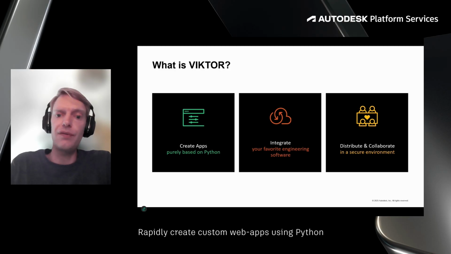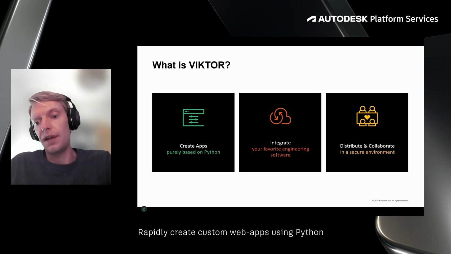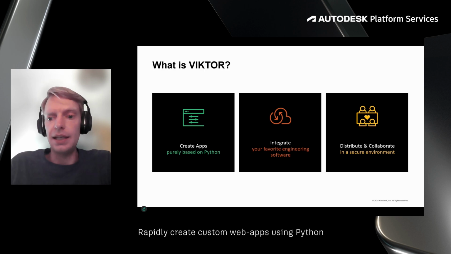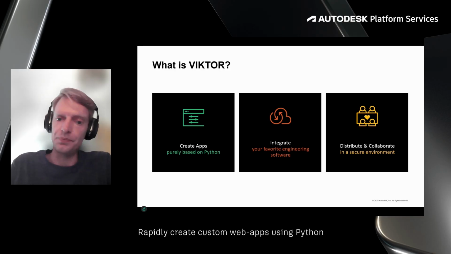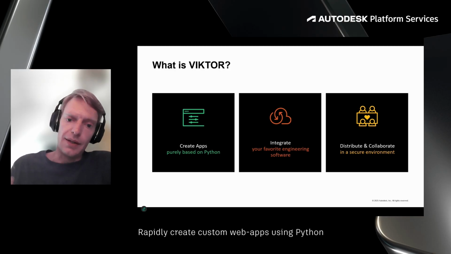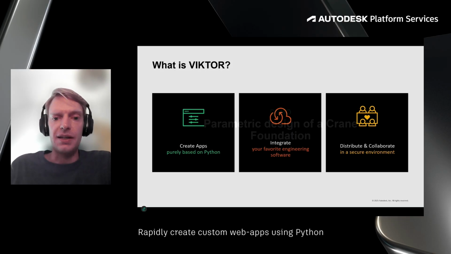With our platform, you can easily integrate these different software packages. And once you have developed an app and integrated software, you can easily distribute it: publish an app and share it with your colleagues in a secure environment. How this exactly works, I will show later.